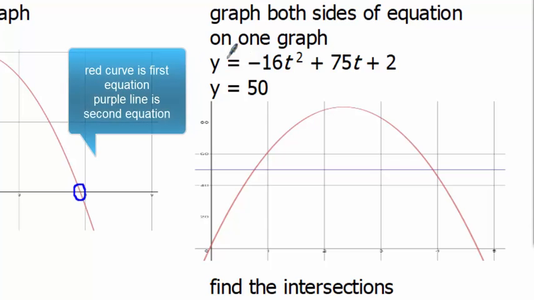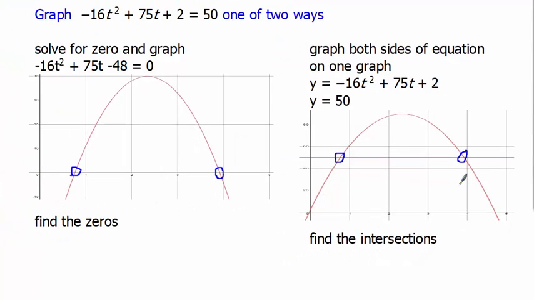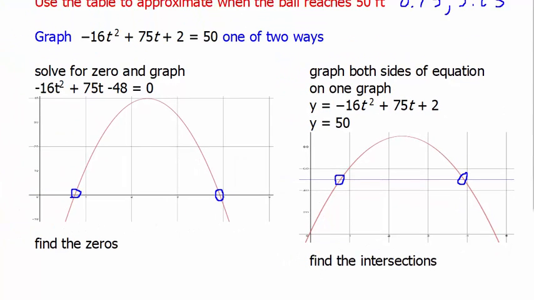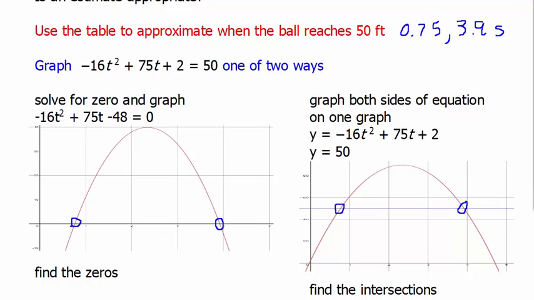So I'm going to graph my first equation as it was, and then I'm going to graph a line at 50. So now, where my solutions are these two places. Do they also look like x is 3/4 and x is 3.9? All three of these ways work to find solutions.